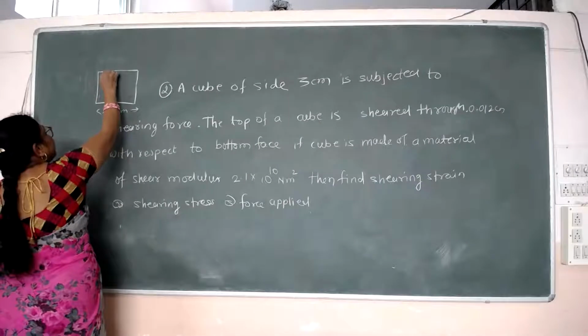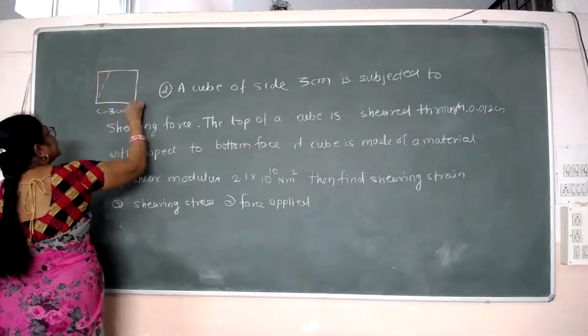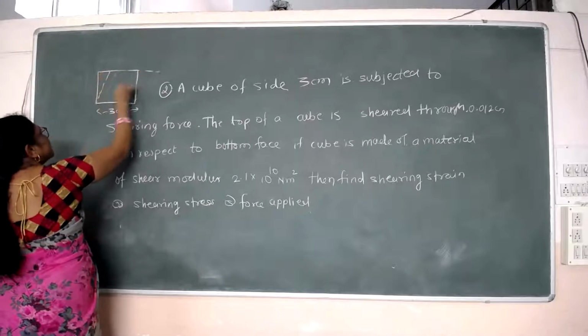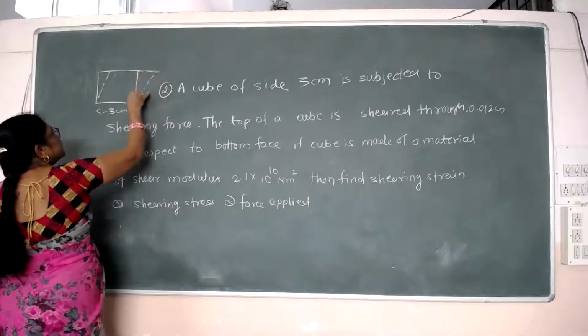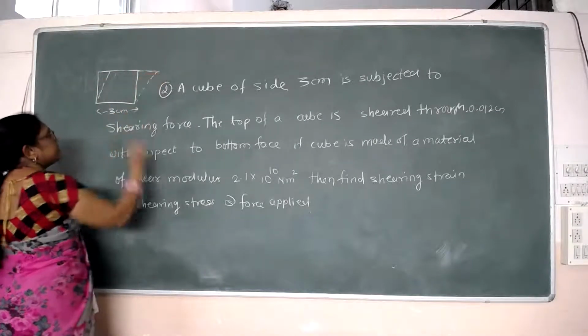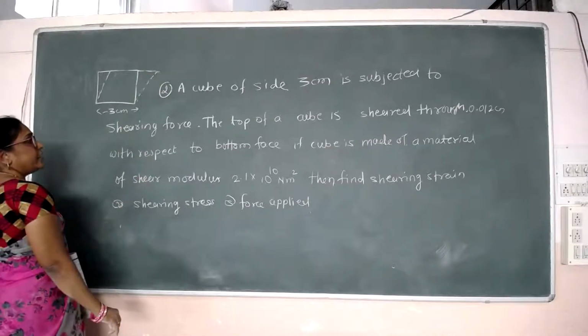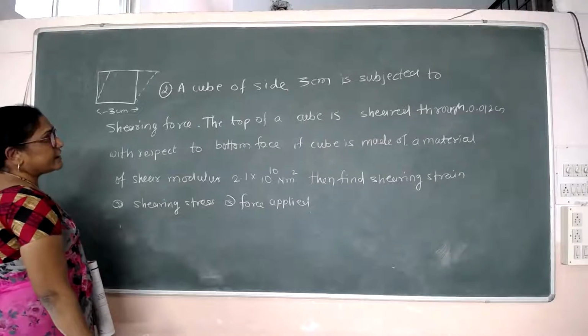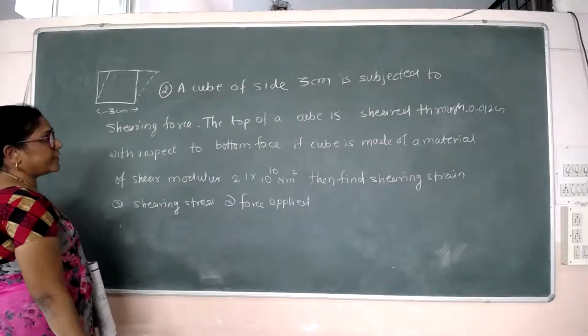We know that this type of stress is known as shearing stress, also known as tangential stress, and due to the tangential stress a displacement takes place, and that displacement is 0.012.